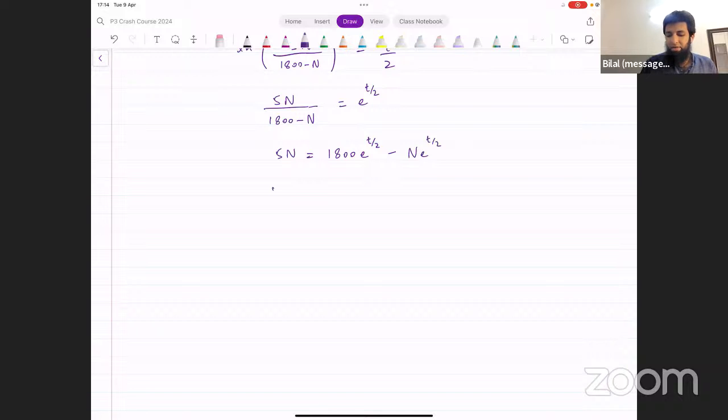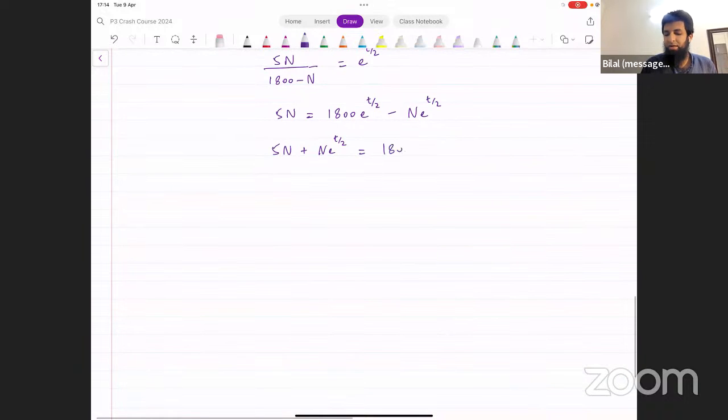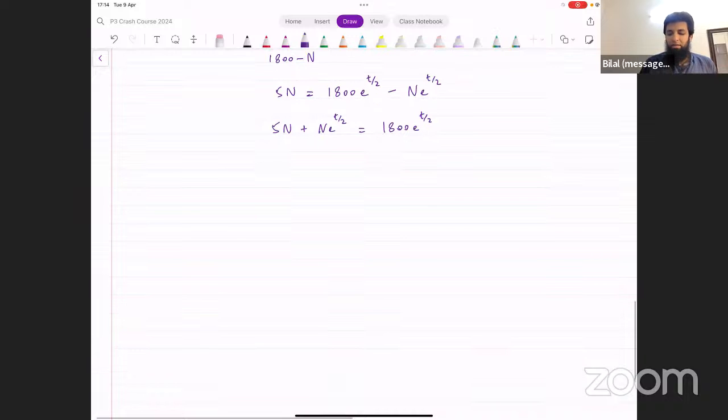Bring the n term to the left side. 5n plus n e raised to the power t over 2. On the right side, you've got 1800 e raised to the power t over 2. Now take n common. That leaves you with 5 plus e raised to the power t over 2 equals 1800 e raised to the power t over 2.